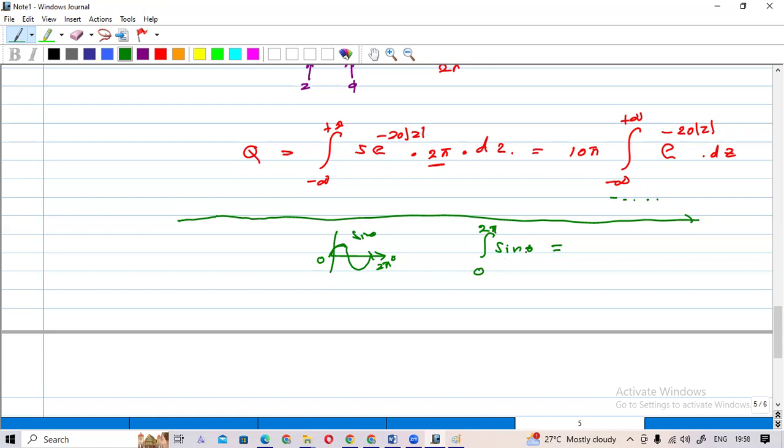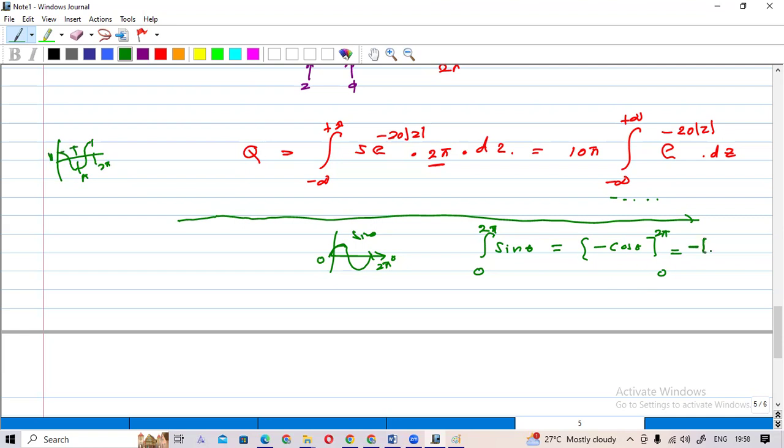So what is the answer? The integral of sine theta is minus cos theta, from 0 to 2π. So minus cos 2π. Cos 2π is 1.